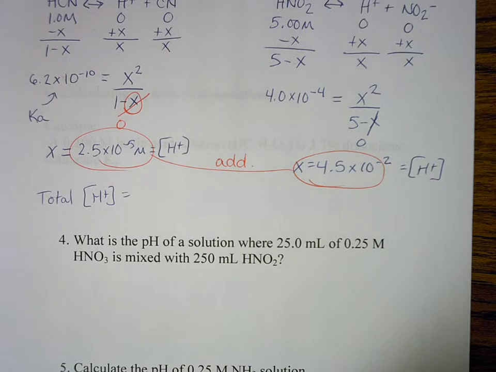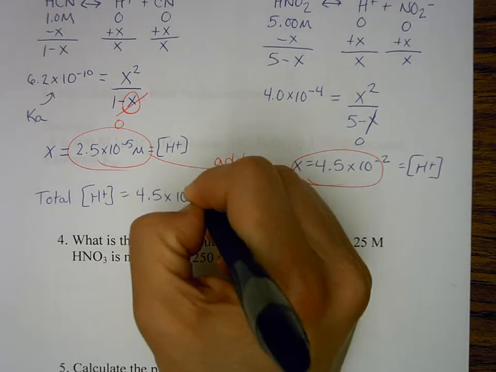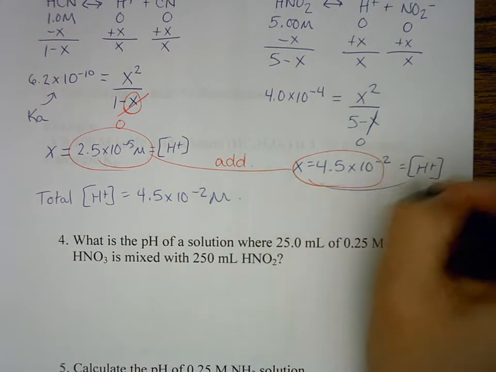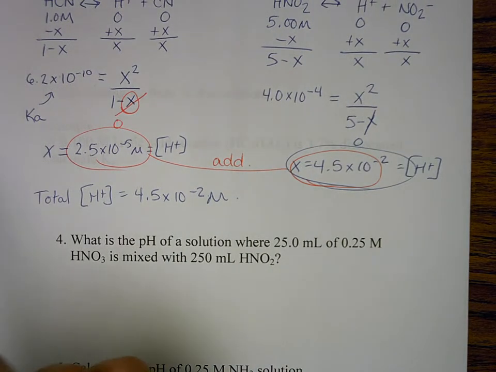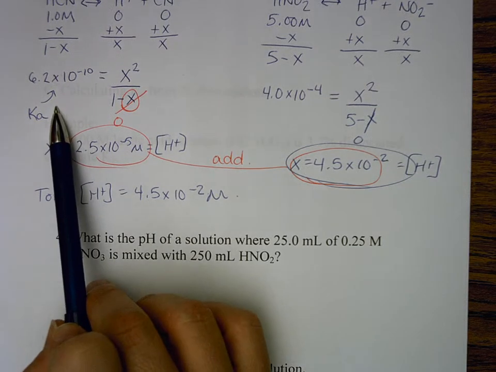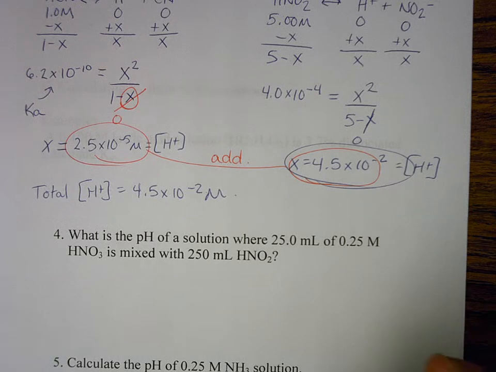Total hydrogen ion concentration, when I add those together, oh, it's super small. It actually doesn't change very much. 4.5 times 10 to the negative 2 molar, which is really this one. It comes from the stronger acid, because this one has such a small Ka value. The smaller the Ka value, the weaker the acid actually is, and the smaller the amount of dissociation.